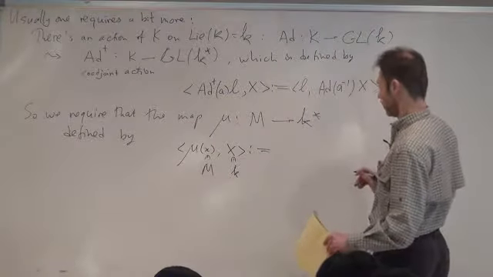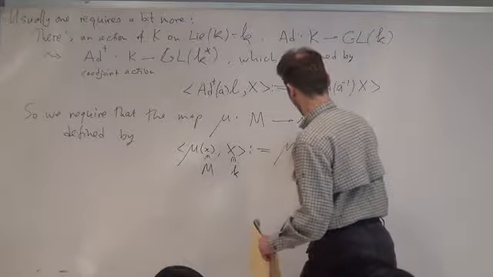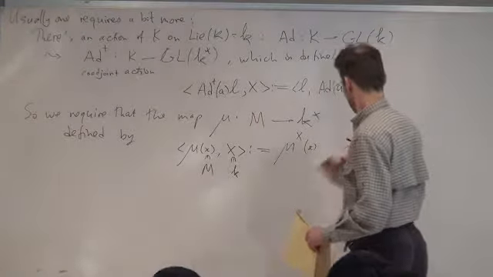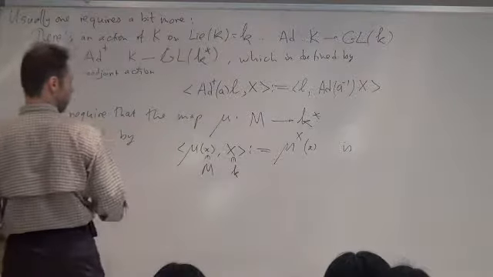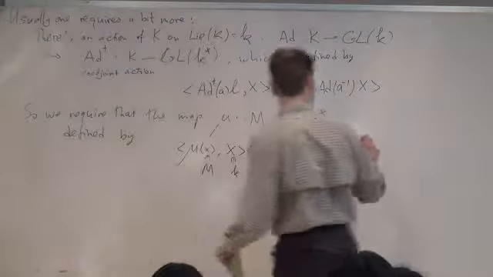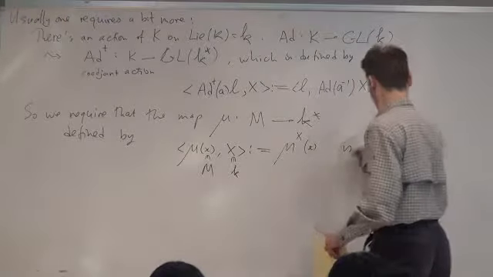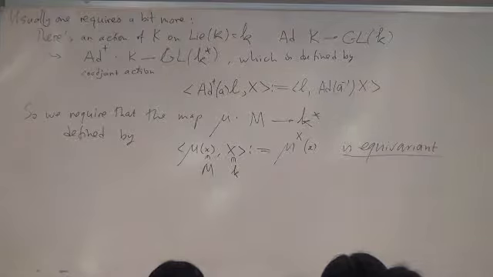And the pairing is non-degenerate, and it's defined by mu upper x at the point x. This is a long sentence, equivariant. So what does it mean to be equivariant? I want that mu of A acting on x is the coadjoint action on mu of x.